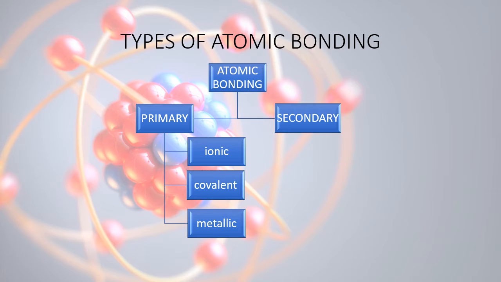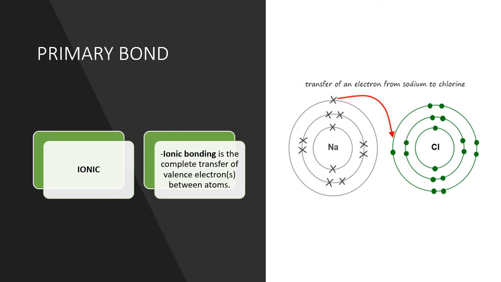And the primary has three main types: ionic, covalent, and metallic, and we'll be talking about the difference between them in the next slides. So the first type of primary bonds is the ionic. Ionic bonding is the complete transfer of valence electrons between atoms. So it's a type of chemical bond that generates two oppositely charged ions.